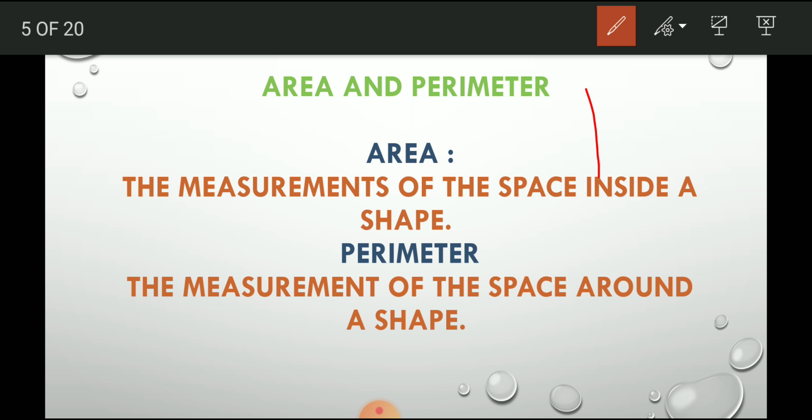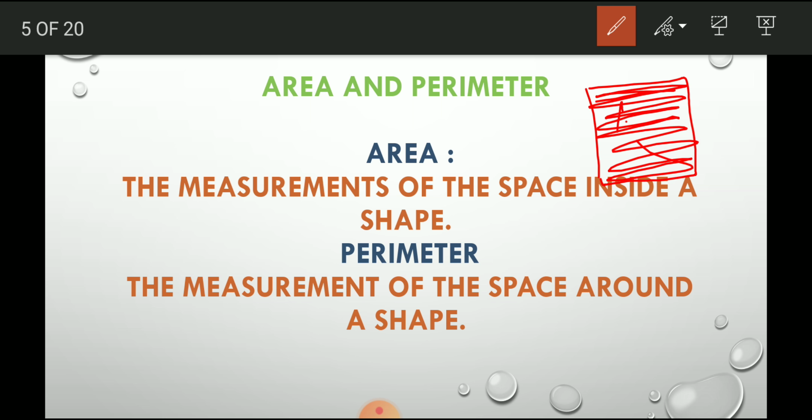Now I just take one square. This is a square. What is meant by area? The inside space is called the area. Second is the perimeter. The measurement of the space around a shape is called the perimeter.